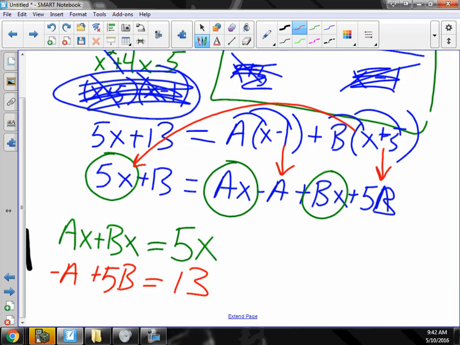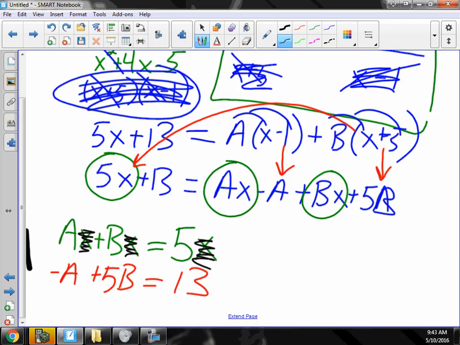Okay? Now, in that green equation, do the x's matter? No, I can get rid of them. So I can just go ahead and cross this off. And now what do I have? I have a two-variable, two-equation linear system.